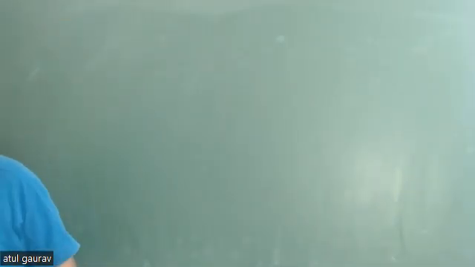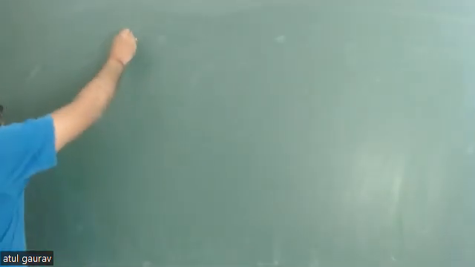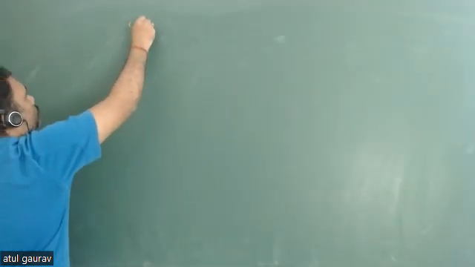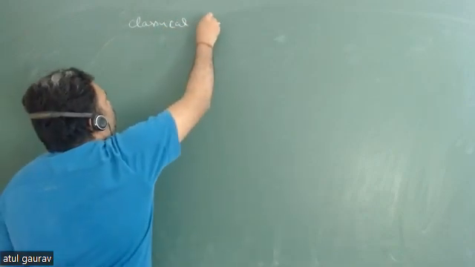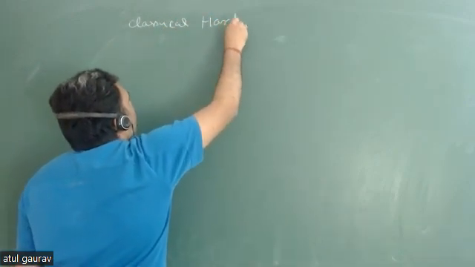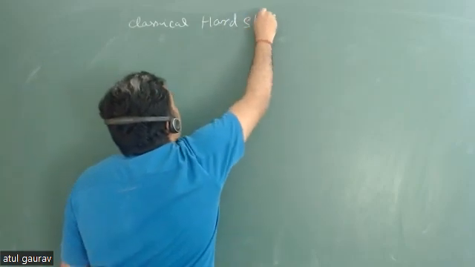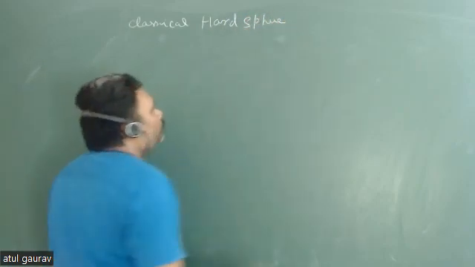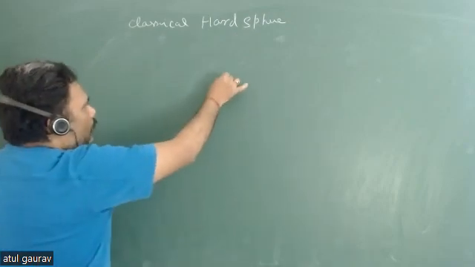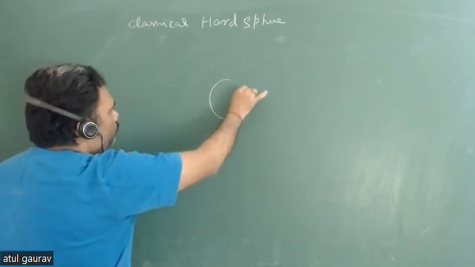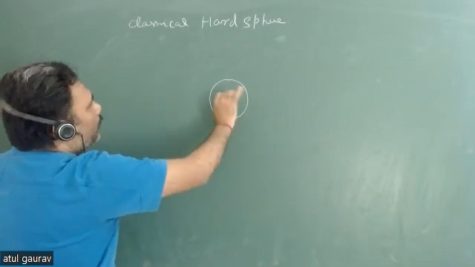So let's go for the hard sphere. Okay, classical hard sphere. What is the meaning of classical hard sphere? You have a sphere and the particle cannot penetrate this particular thing.